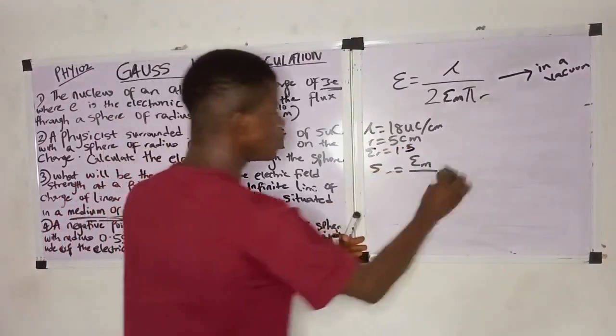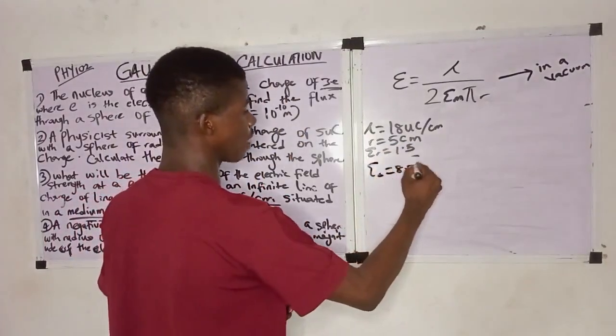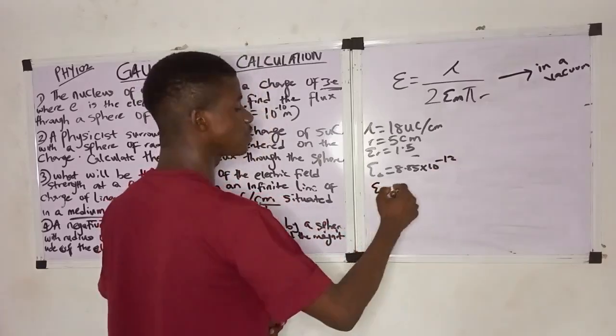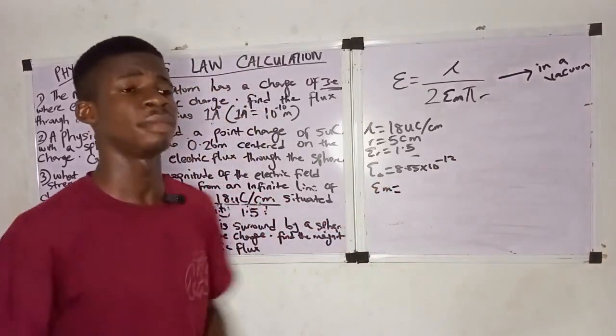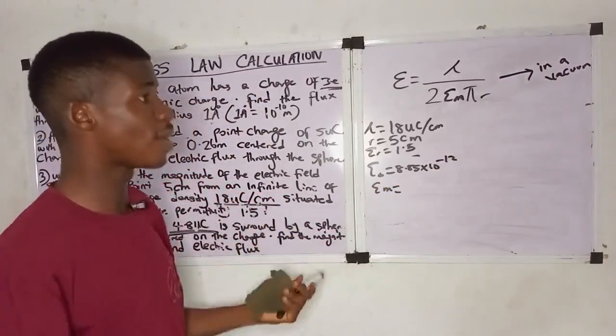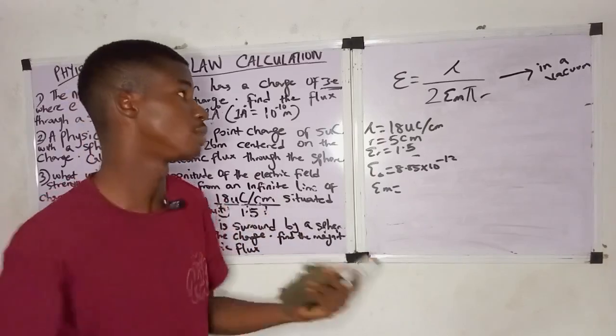Then we all know E naught to be 8.85 times 10 raised to the minus 12. But they didn't give us the permittivity of medium. Remember, we're looking for the electric field of an infinite line of charge situated in a medium.